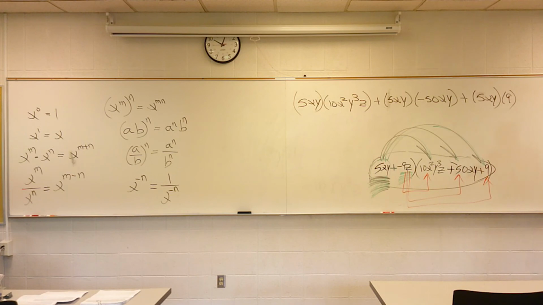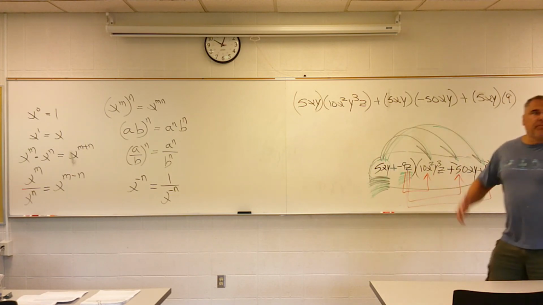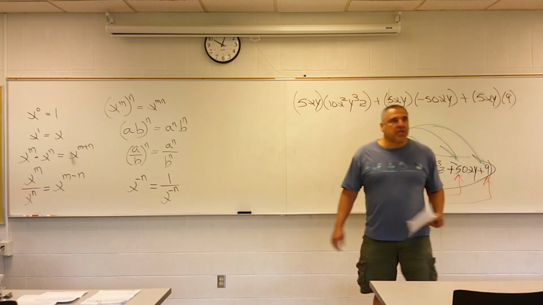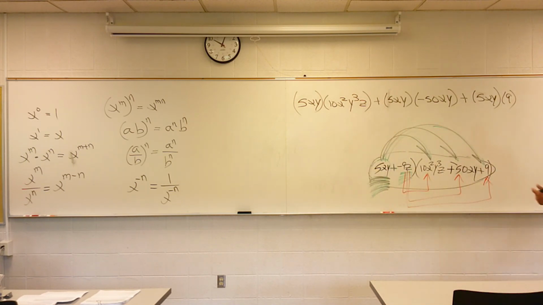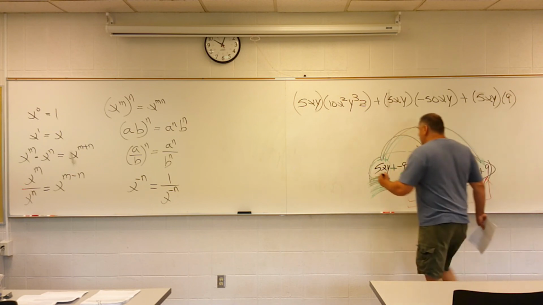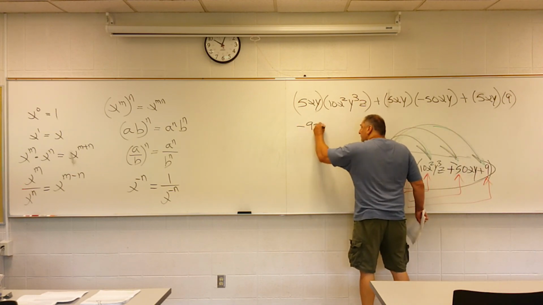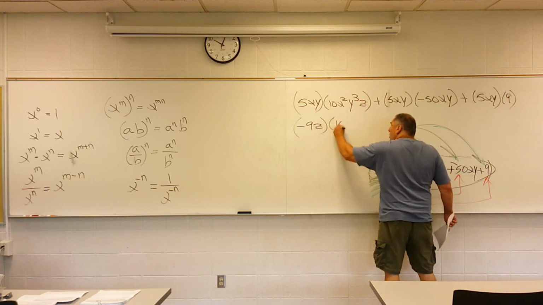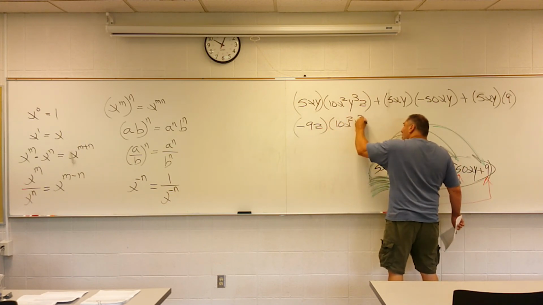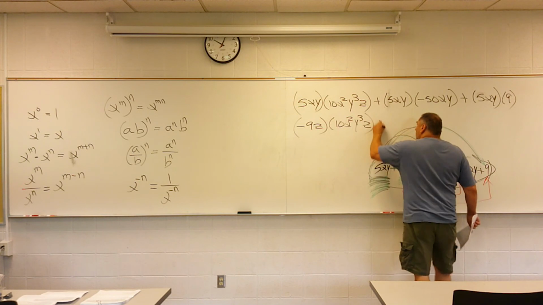There it is. That's the first iteration of what goes on, you guys. Let's do the other one. Then we got negative 9z times, here we go. Distribute that guy now.